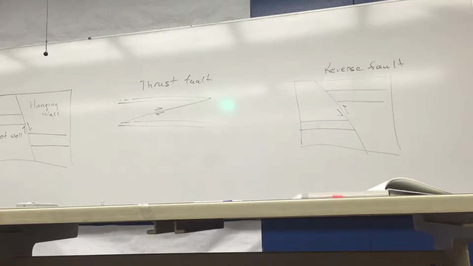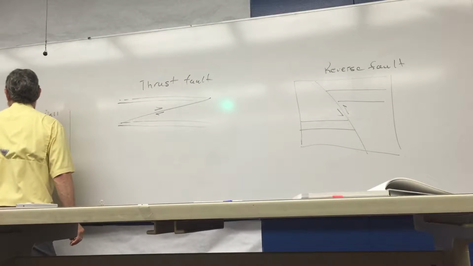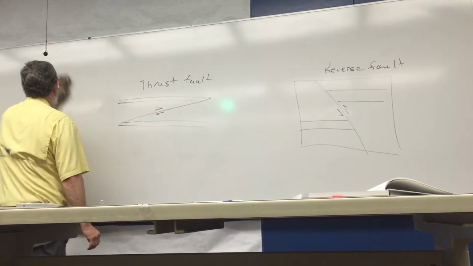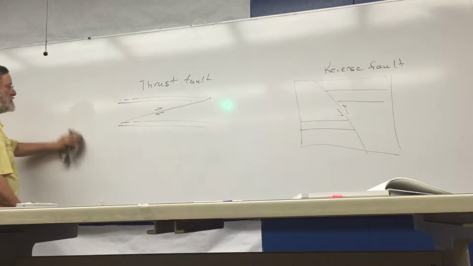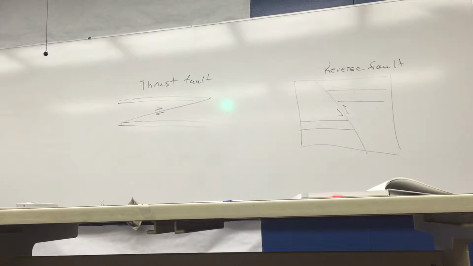Now, did you cover strike slip in physical? Of course. When we look at strike slip faults, what we tend to do is switch away from this type of a cross-section depiction into a system where we're looking at a map view.